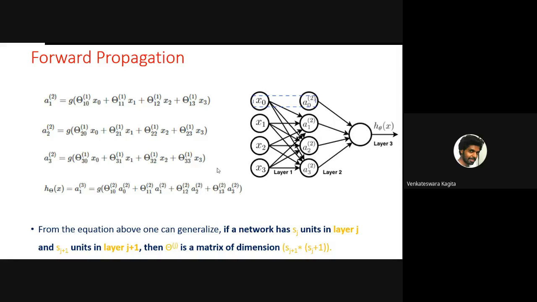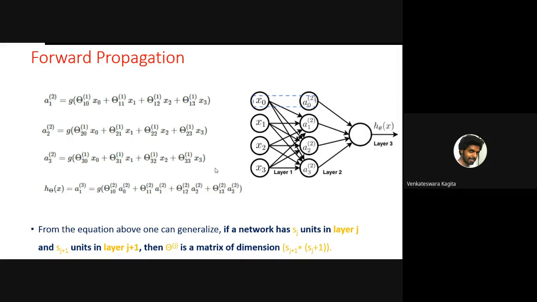This process is repeated. So this we call forward propagation. We are starting from the input layer, moving towards the inner layers, layer by layer. We are computing the activation units, and these activation units act as input to the next layer, and so forth. Finally we get the output unit, that is h theta of X.